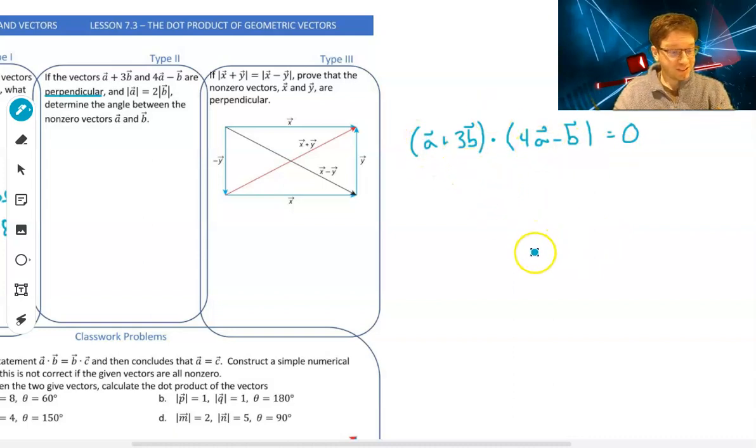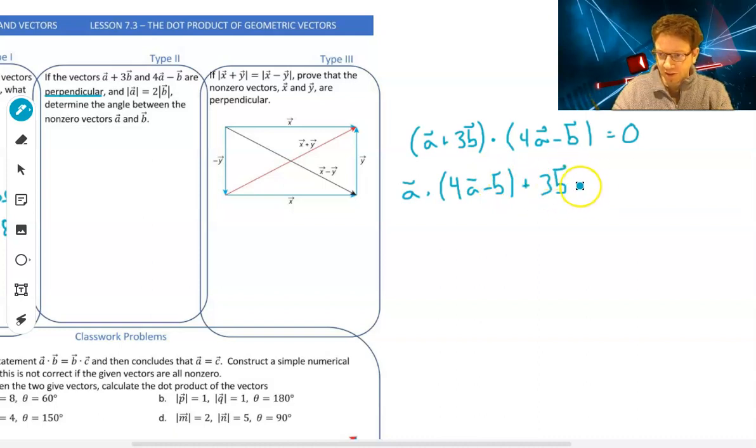We know we can use the distributive property. So let's do that. If we multiply a through, we will have a dot that vector 4a minus b plus 3b dot that same vector 4a minus b. And that still equals 0.